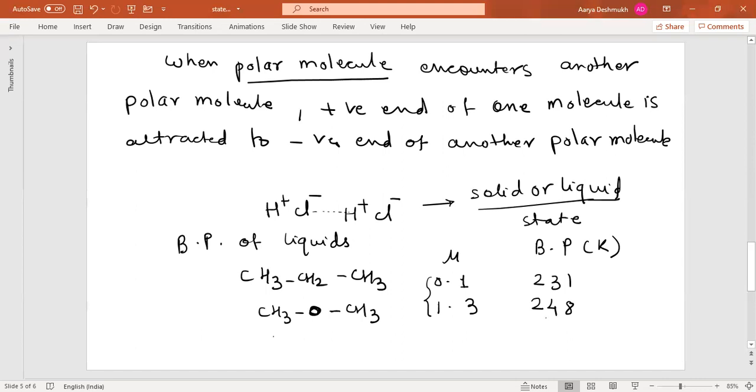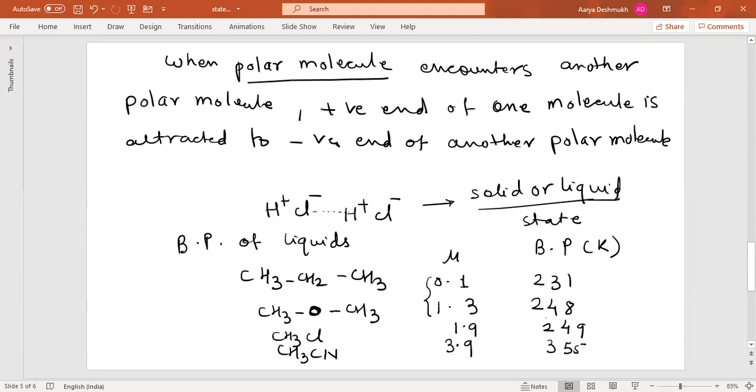For methyl chloride, the dipole moment is found to be 1.9, and its boiling point is higher, that is 249. Another, methyl cyanide: its dipole moment is found to be 3.9, and its boiling point was found to be 355 Kelvin.